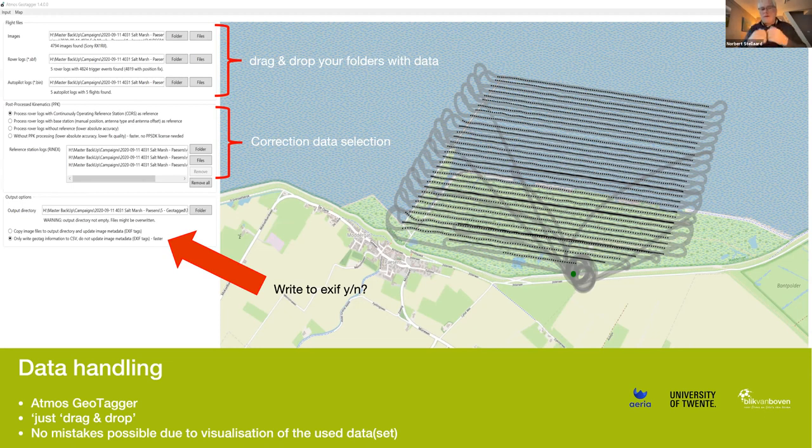What we personally really love about this part is that you can see all your flight lines, you can see every black dot, which is the position of an image which is taken. And you also can see in the green dot where your rover data is coming from. Last thing you can do is select: do you want to write all this data into the EXIF files of your pictures, or do you just want to have a CSV file which you can handle yourself?